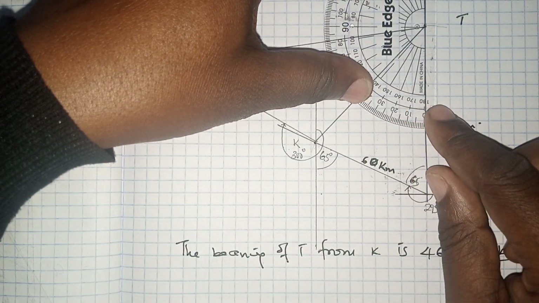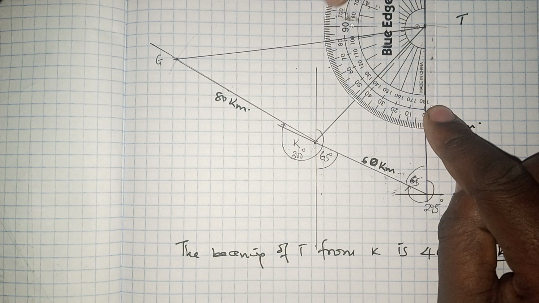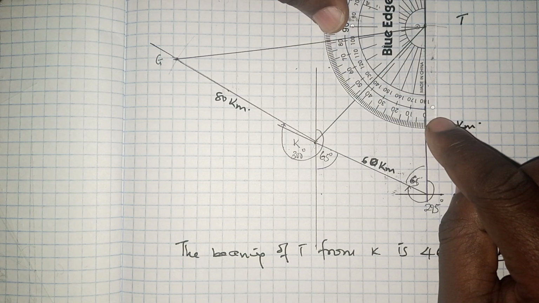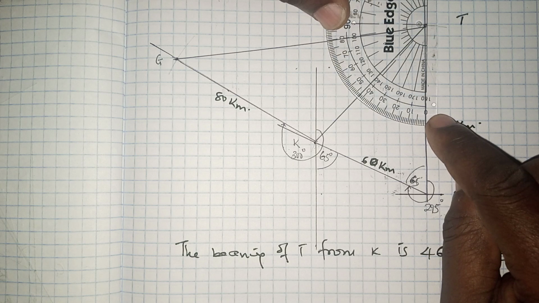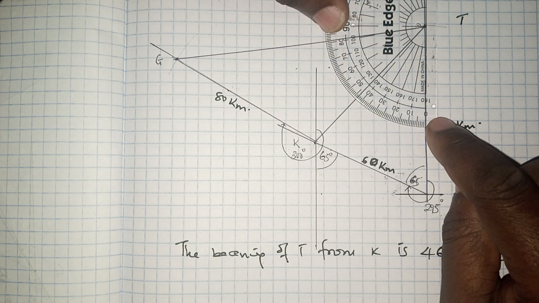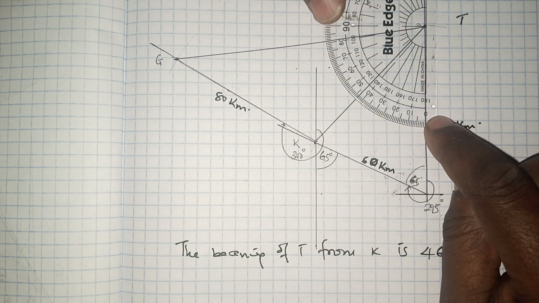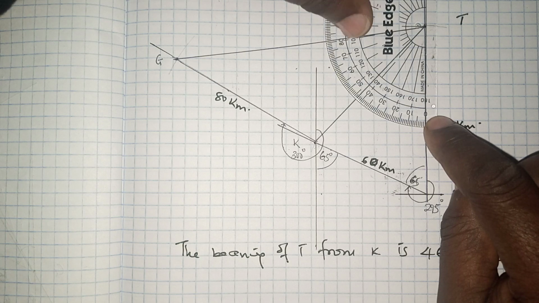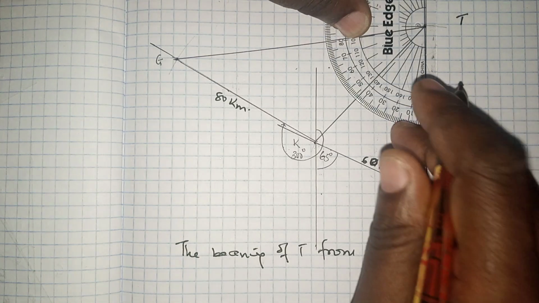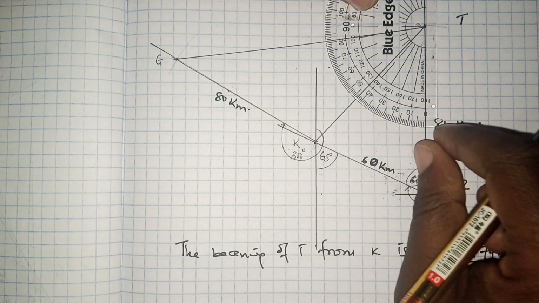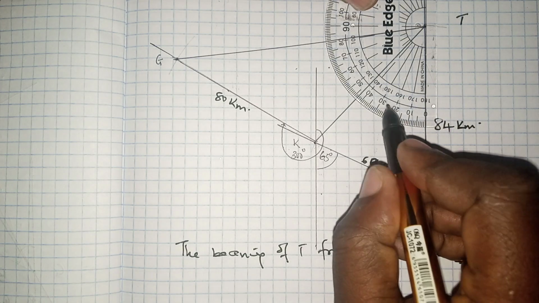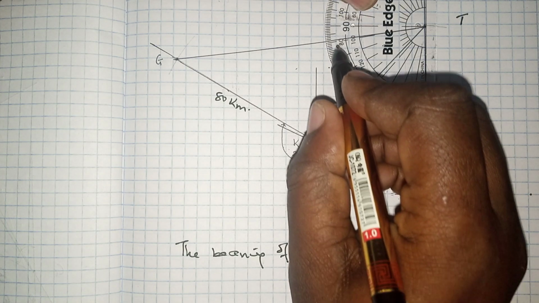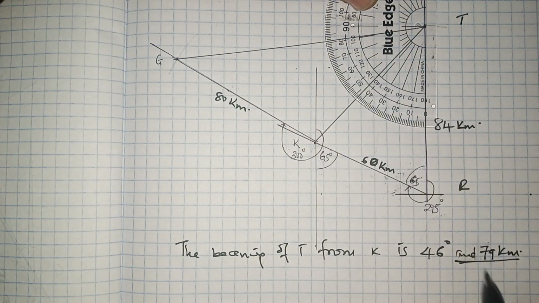If you place the protractor there, we can already see that this is 10, 20, 30, 40, 50, 60, 70, 81 degrees.